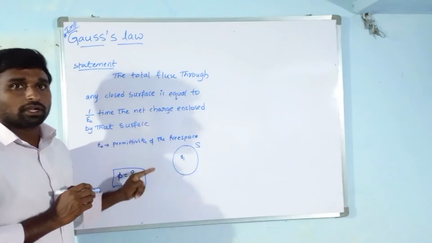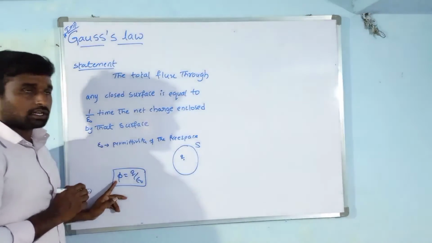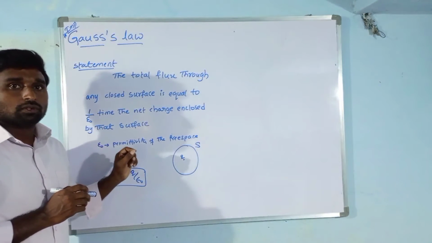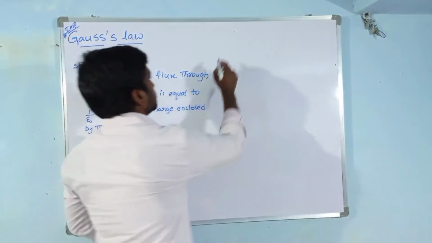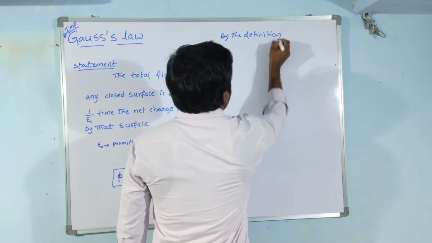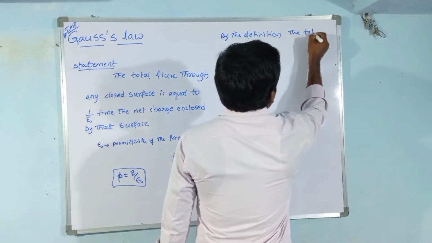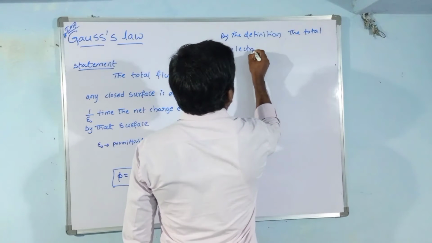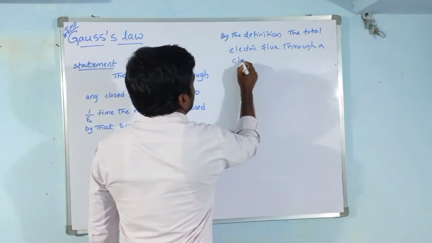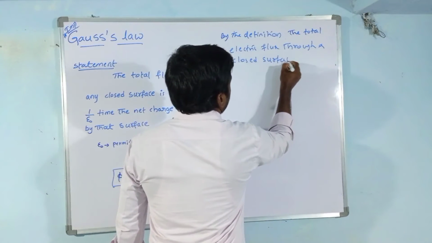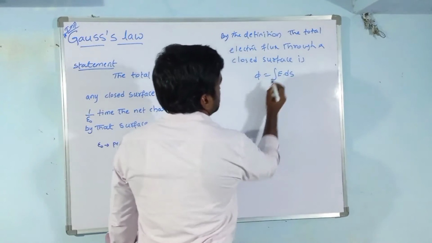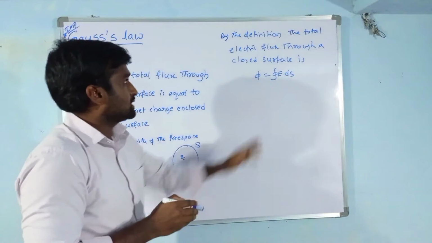By the definition of total electric flux, which we have already discussed, the total electric flux through a closed surface is phi is equal to the surface integral of E dot dS.